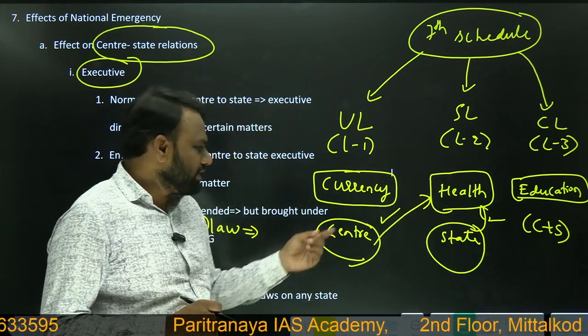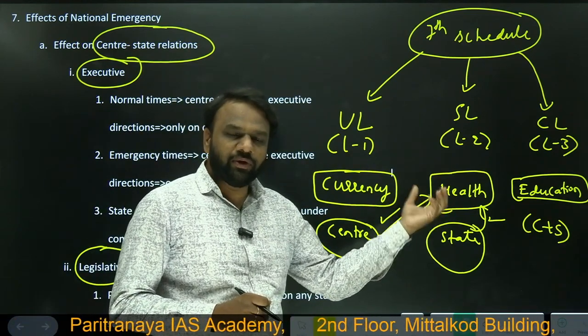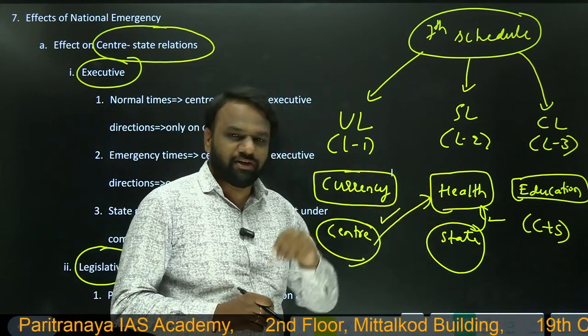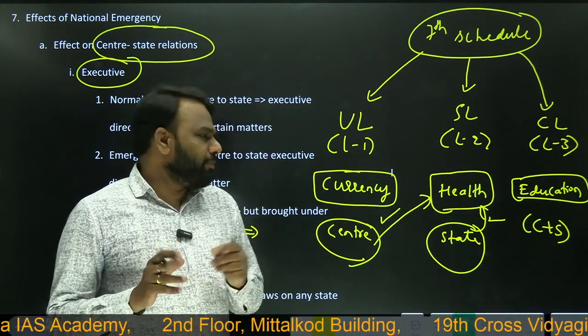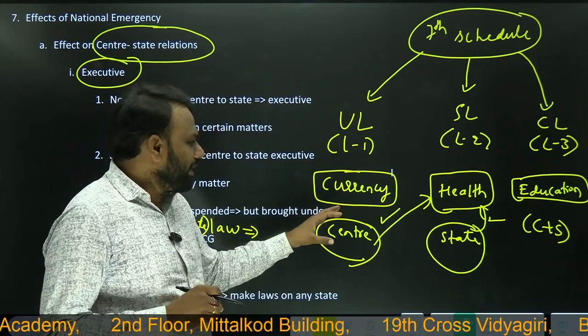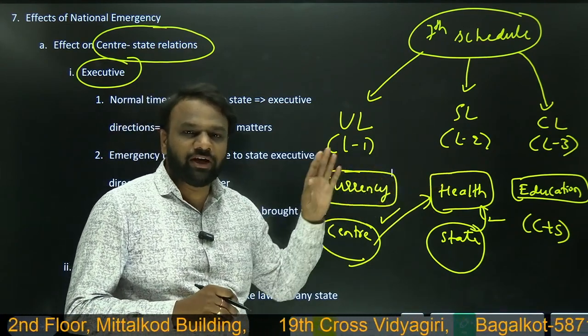Now the question is, the law made by the center on the subject called health during emergency, how long will it stay? Whether it is forever or for a temporary period. Very important to remember here, the law made by the center on a state subject is not forever. It is for a temporary period.